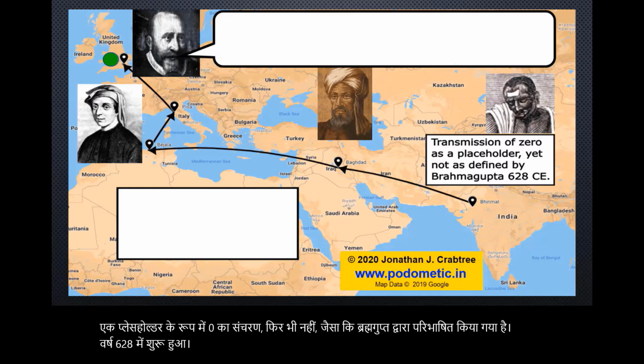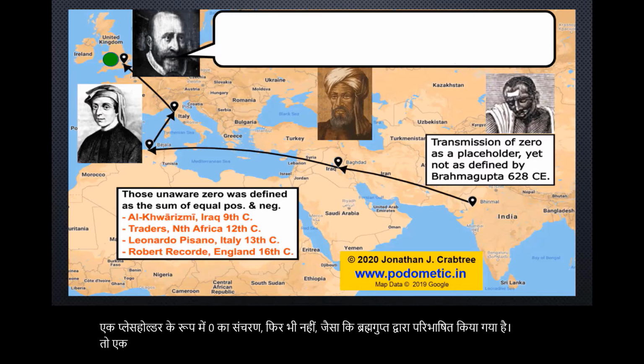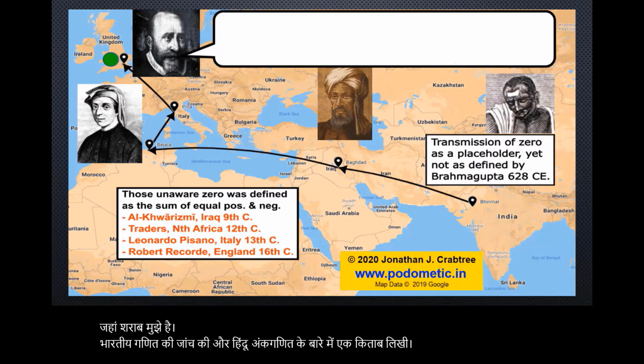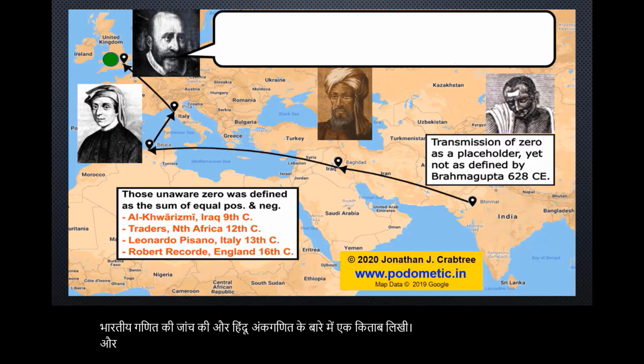So the 0 as a placeholder began in India and then went to the Middle East, to Iraq, to Baghdad, where Al-Khwarizmi investigated Indian mathematics and wrote a book about Hindu arithmetic. And that was in the 9th century, about 200 years after Brahmagupta.